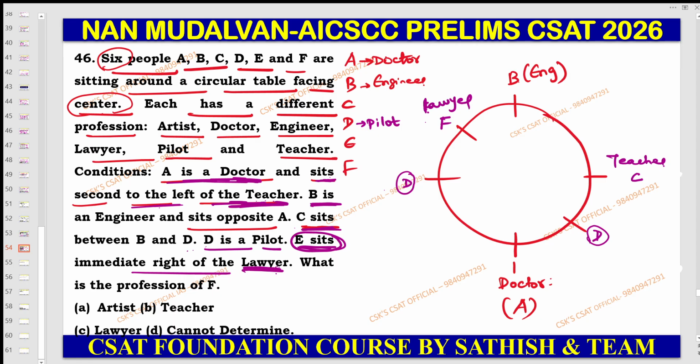This is not D. So this could be E, since E sits immediate right to the lawyer. What is the profession of F? Lawyer. F here is a lawyer.